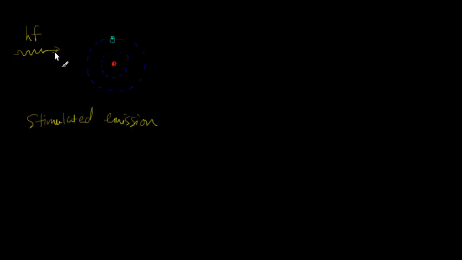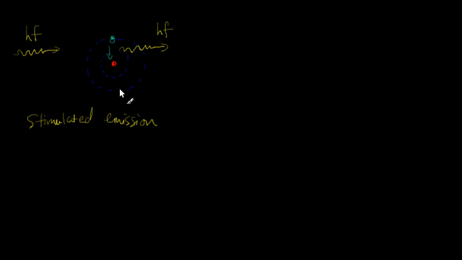So when this external photon hits this atom, this electron would be encouraged to fall to the lower state, and as a result emits a photon of the same energy and frequency, of course. So in other words, that external photon has just stimulated this atom to emit a photon.